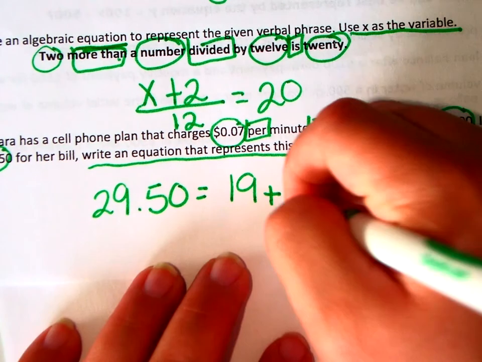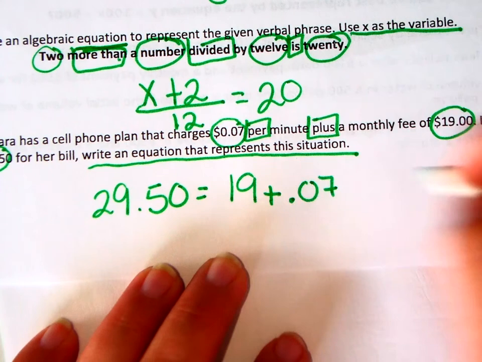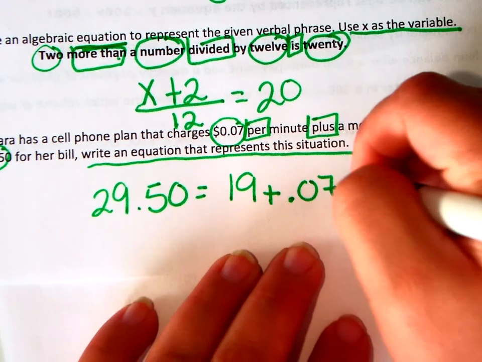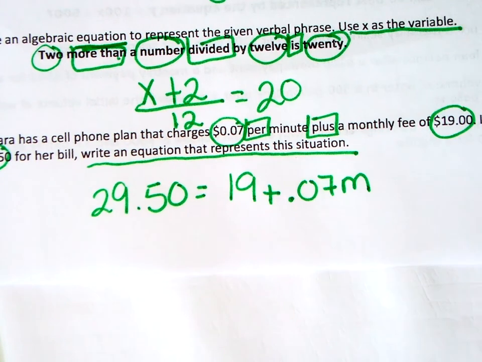And don't forget it's 0.07. And what do you want to use for minutes? M? If you used X, that's fine. If you are putting the dot to show that it's multiplying, be careful that it doesn't look like a decimal. Make sure it's high enough or thick enough circle that it doesn't look like a decimal. Okay? I think that's it for that problem.